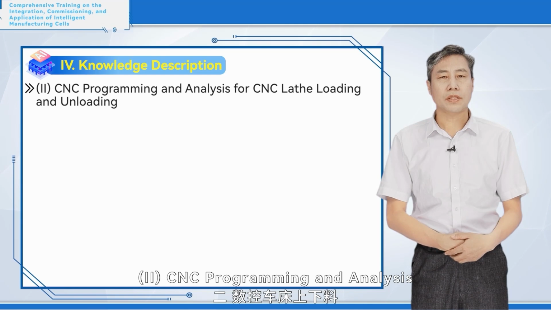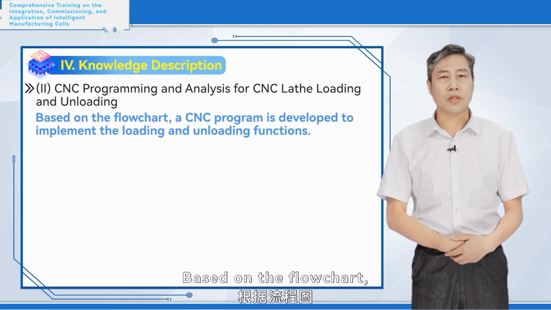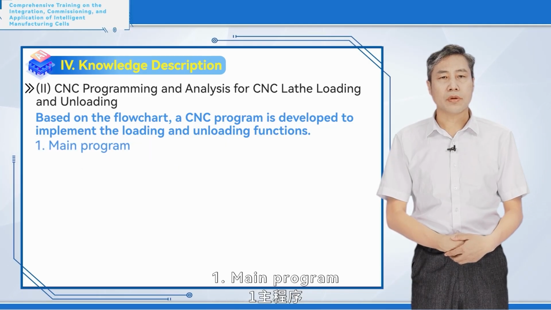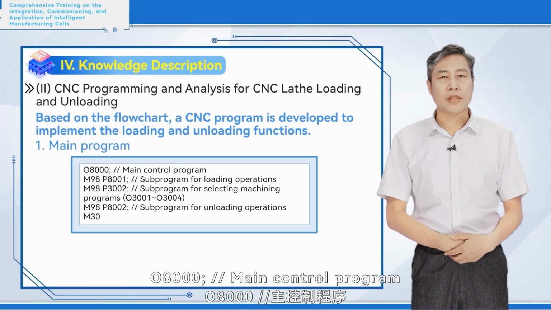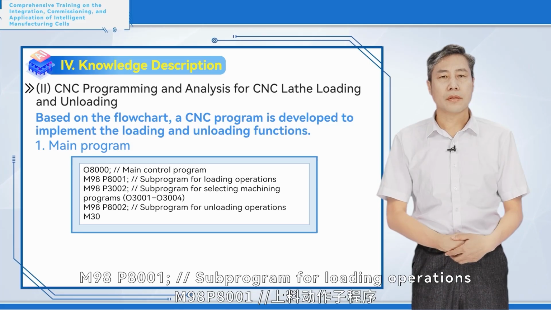2. CNC programming and analysis for CNC lathe loading and unloading. Based on the flowchart, a CNC program is developed to implement the loading and unloading functions. 1. Main program. O8000, main control program. M98 P8001, subprogram for loading operations.